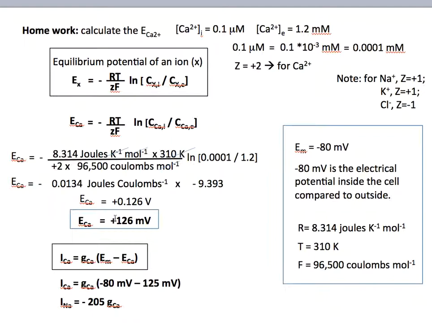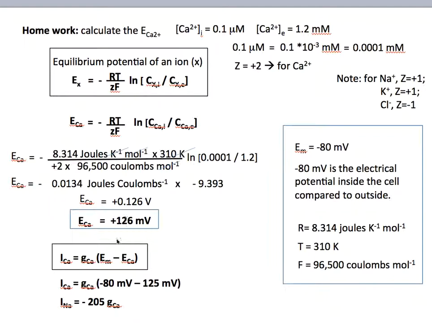It's actually not a bad idea to memorize these common equilibrium potential values for a few important ions like sodium, potassium, and calcium. So sodium, if you remember, is plus somewhere between 60 and 80, right? 95, I think it was 95. And then for calcium, it's plus 126.